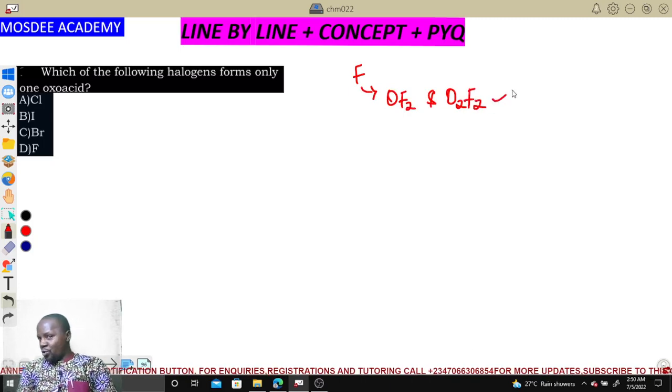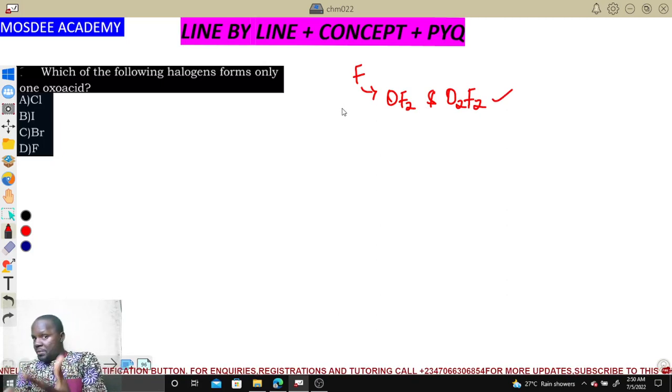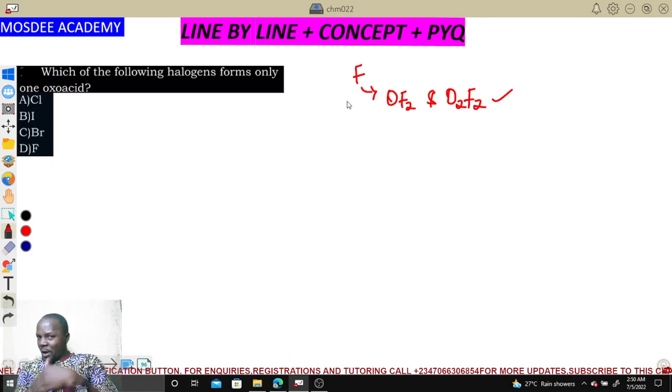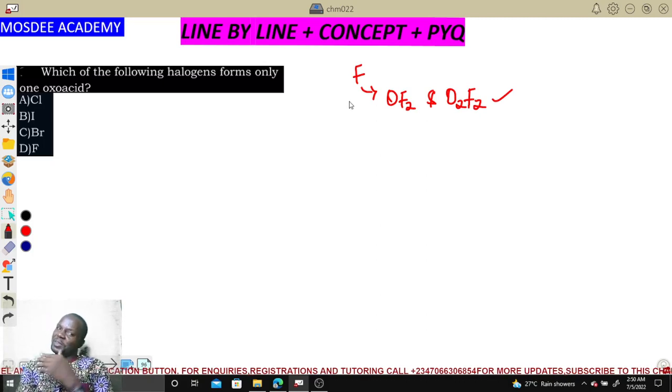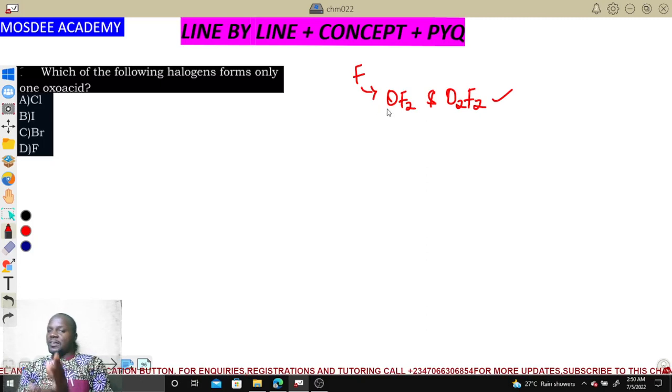So these are two oxo acids. The action of fluorine, that is what we use to detect, is what we sometimes call bleaching property. I'm still coming to that. I don't want to rush. I want to take it gradually the way it should be taken. So just relax. So this is halogen combined with oxygen to form this. Fluorine can combine with oxygen to form this.